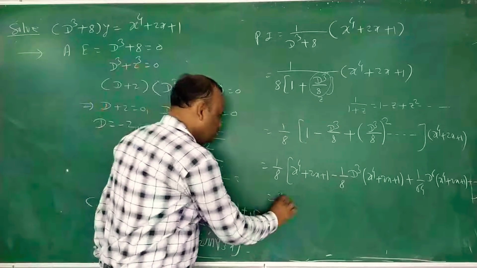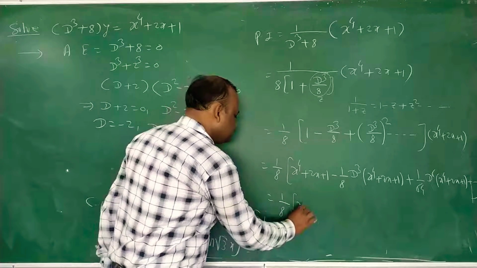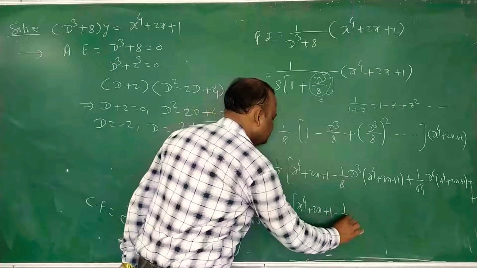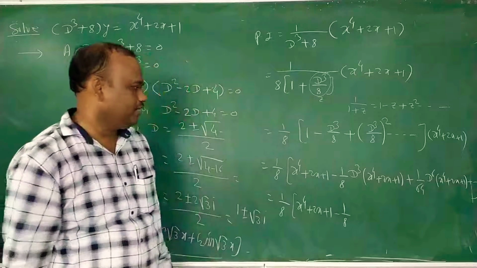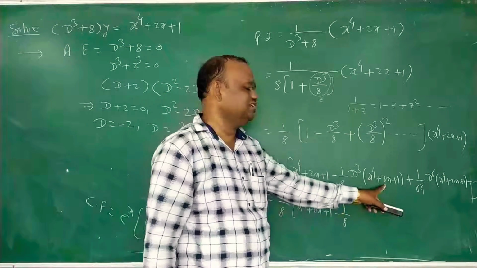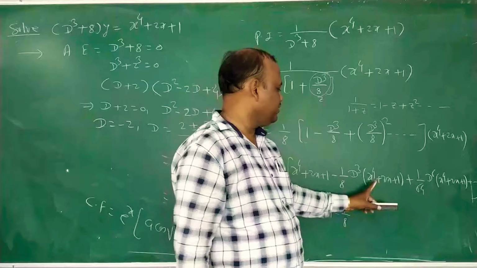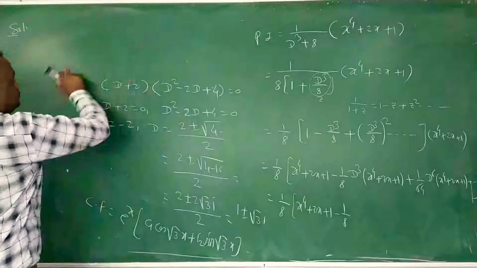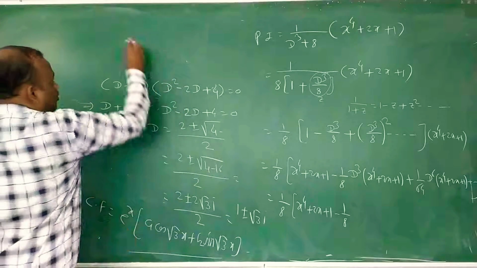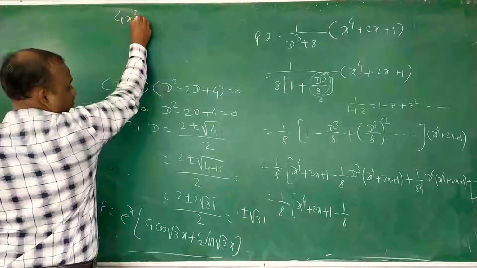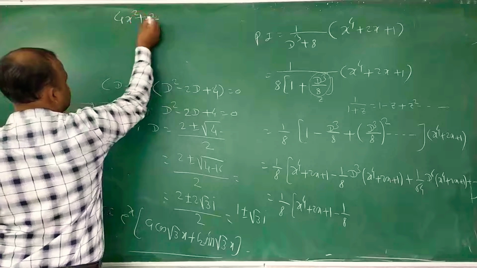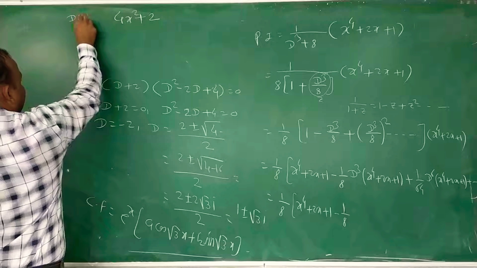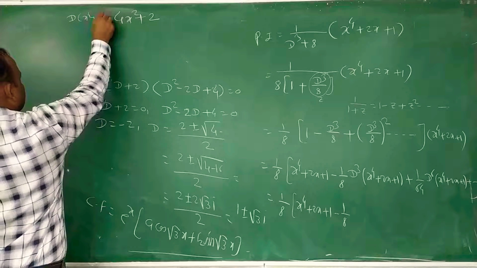Equal to 1 by 8 into x raised to 4 plus 2x plus 1, minus 1 by 8 into D cube of this, meaning the third derivative of this polynomial. What is the first derivative? First derivative is 4x cube plus 2, not 4x square, because the derivative of x raised to 4 is 4x cube. This is D of x raised to 4 plus 2x plus 1.